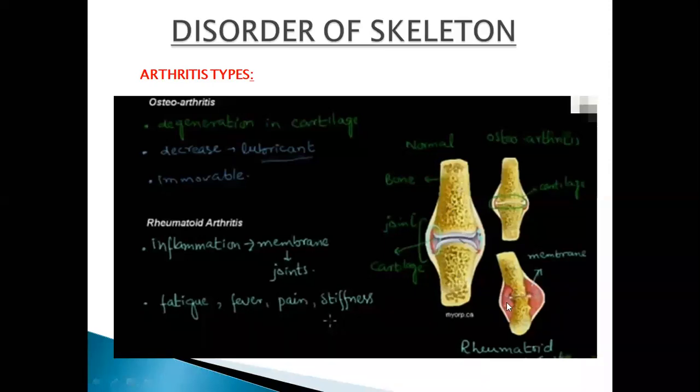Fine. This is the cartilage, and this is the membrane present here. Inflammation of the membrane in the joints causes fatigue, fever, pain, and stiffness. So this is rheumatoid arthritis. Simply remember that rheumatoid is because of the membrane and osteoarthritis is because of the cartilage degeneration.